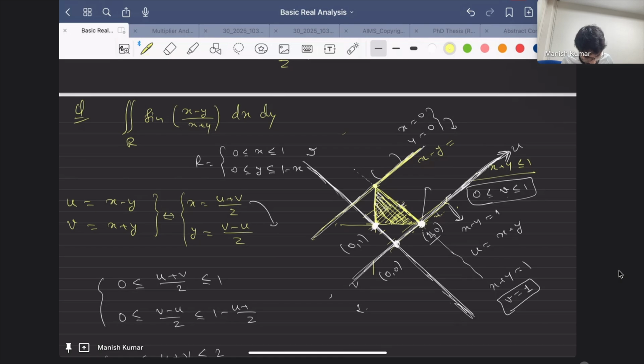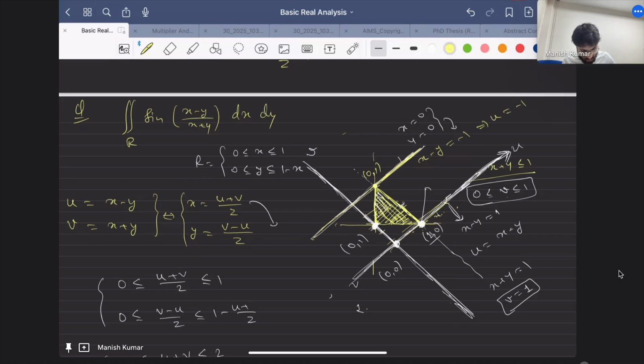This was 0 comma 1, on the y-axis, right? So what will be this line in x y terms? So x minus y equals to 1, right? So if I put x equals to 0, no, minus 1, correct? So this will give me that u equals minus 1.